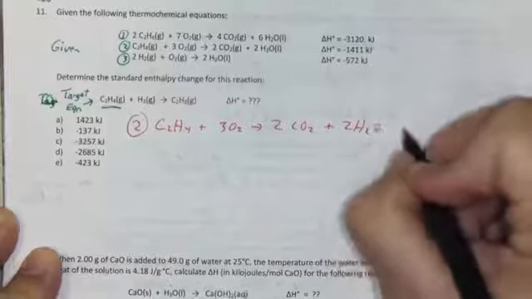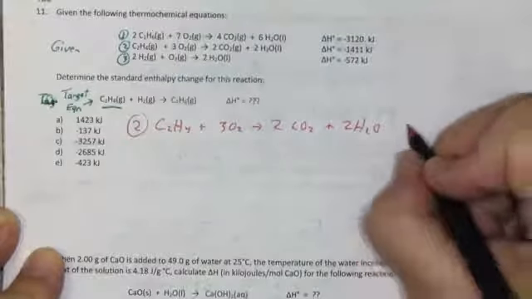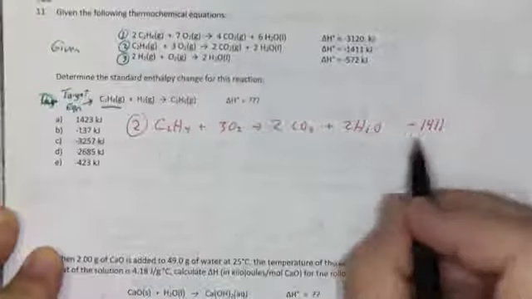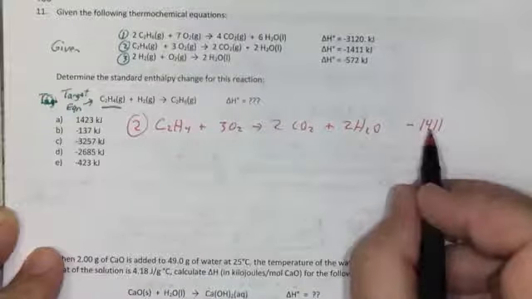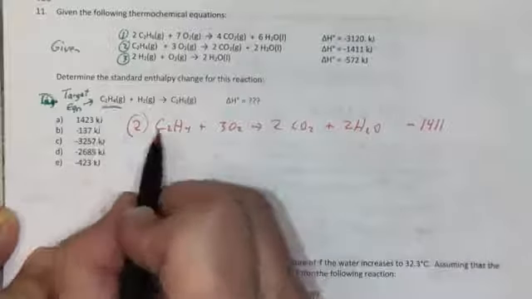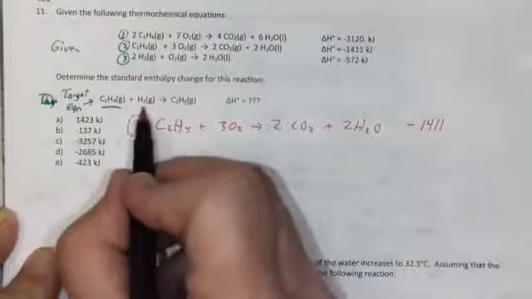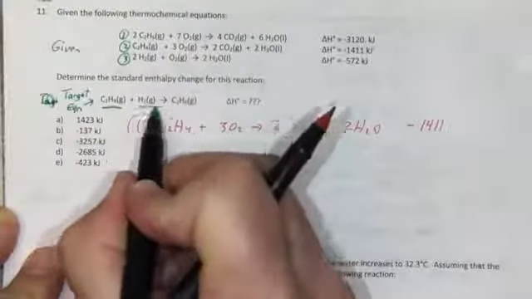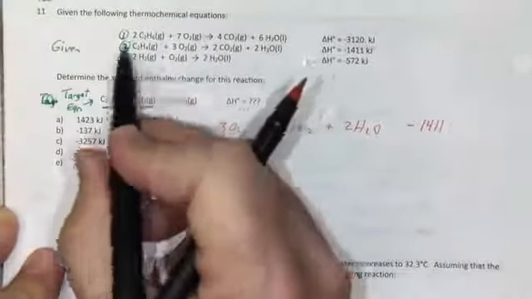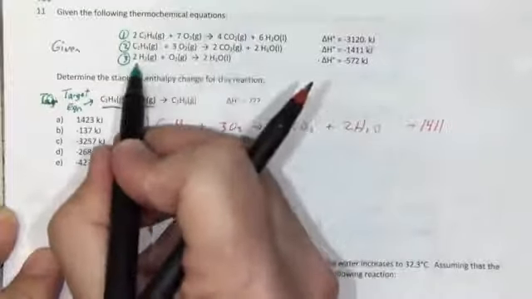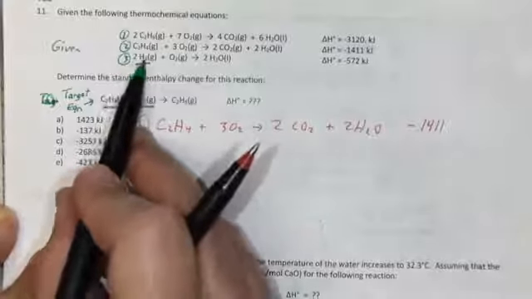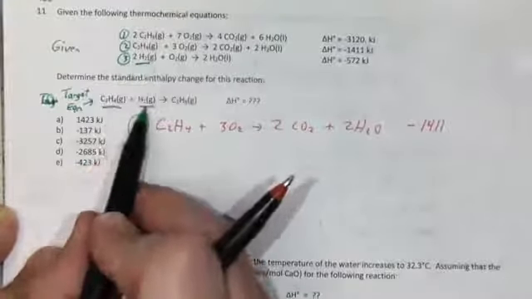And the delta H is negative 1,411. I'll keep the delta H over here to the side. So that's 1 mole C2H4. Next, in the target equation, I need 1 mole of H2 gas on the reactant side. The only place I see H2 gas is equation 3. But there's a problem: I have 2 moles of H2 gas, and I need 1 mole.